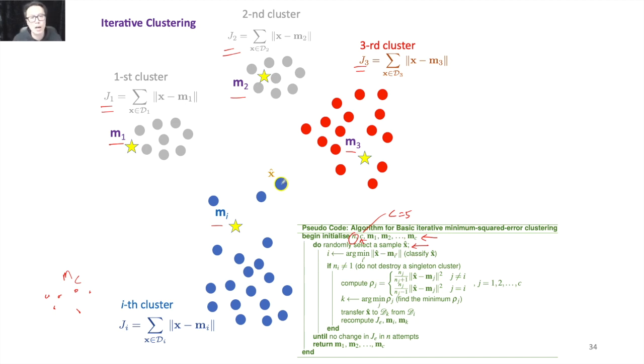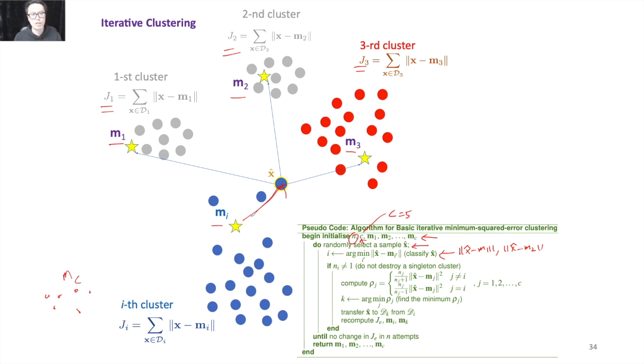I do not know which cluster it belongs to, so I'm going to find out using the cluster center information. I compute the distance between x hat and m1, x hat minus m2, and so on, including mj.